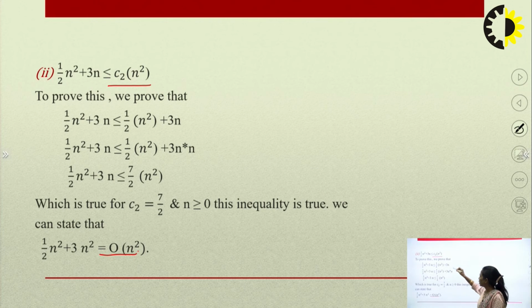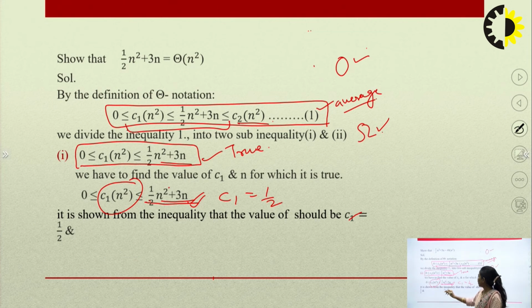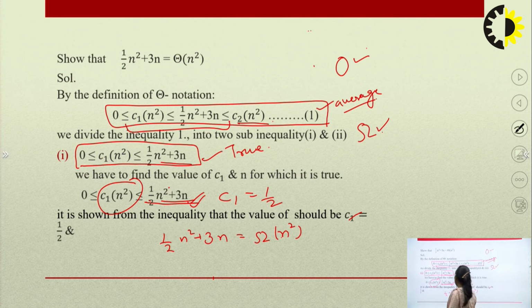So, the previous equality gives you 1/2 n square plus 3n is equal to big Omega of n square, and the second part gives you 1/2 n square plus 3n is equal to big O of n square.